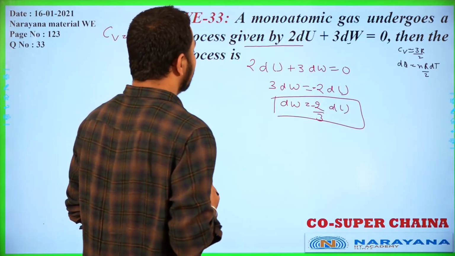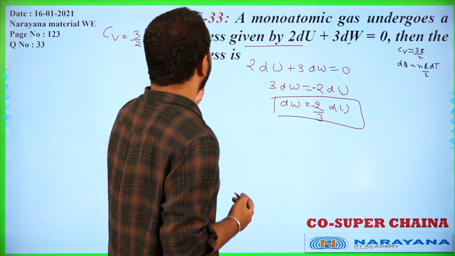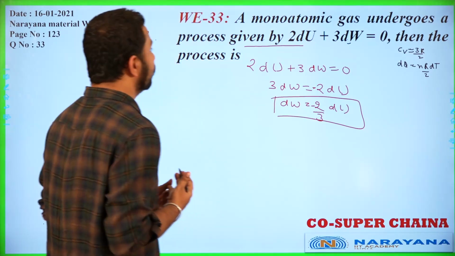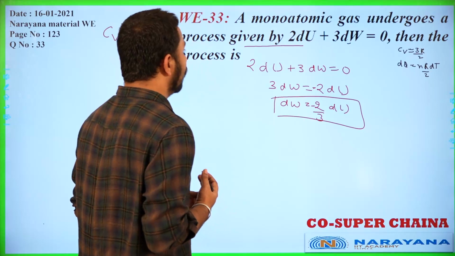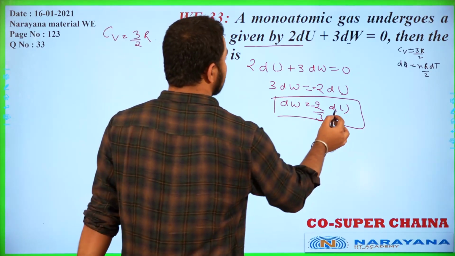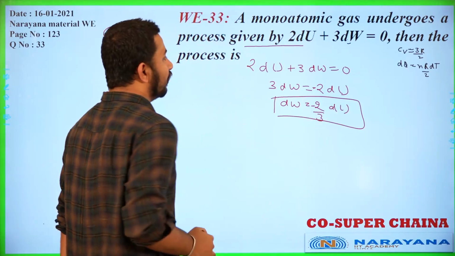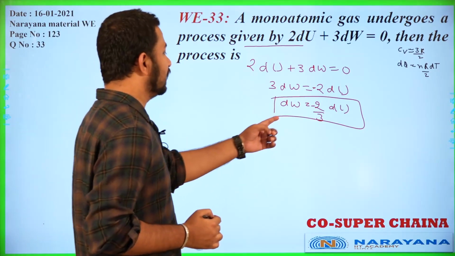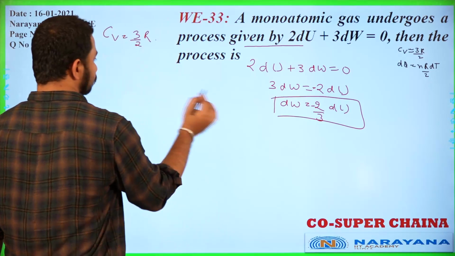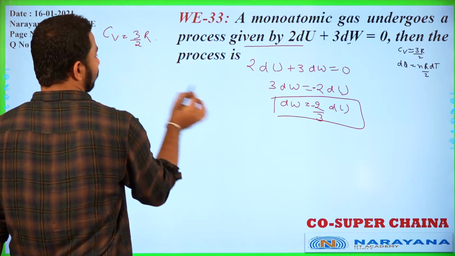Now what we need to find here is which process this is. We have to compare which process this is. We already got dw.